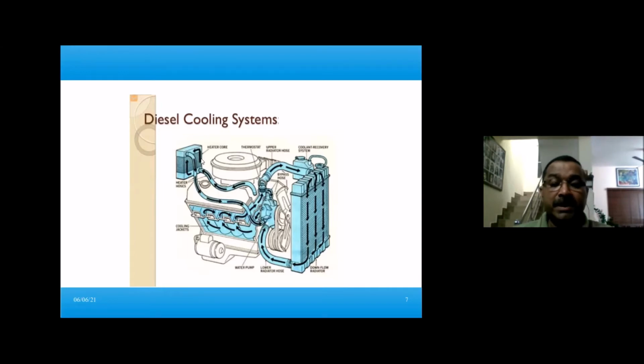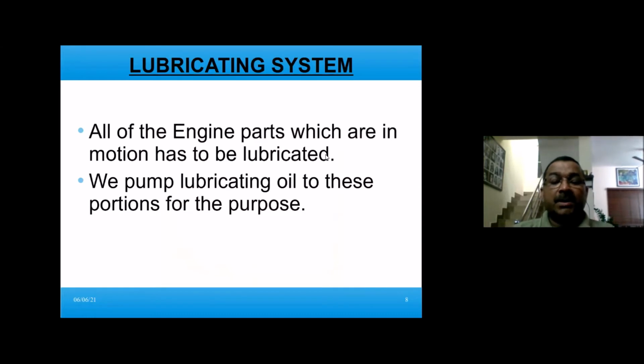You just keep in mind that there is a heating system associated with this cooling system. So the cooling system is over. Our first system is over. Then we are reaching the lubricating system.